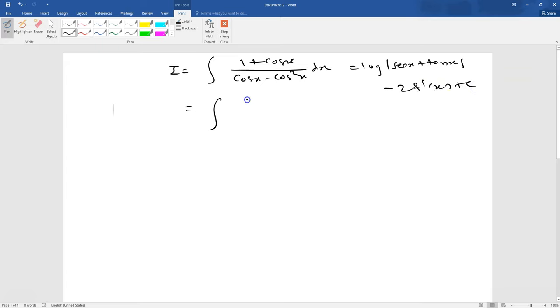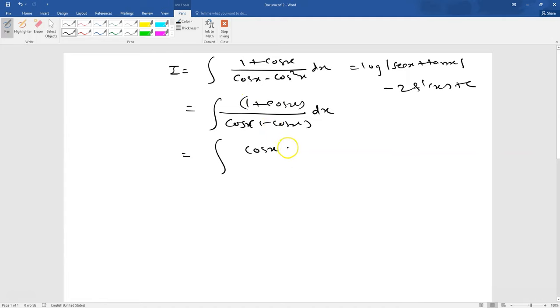So when you solve this, this will be 1 plus cos x as it is. Take cos x common from both of these, 1 minus cos x remains here, correct? Now you need to adjust here cos x and 1 minus cos x.